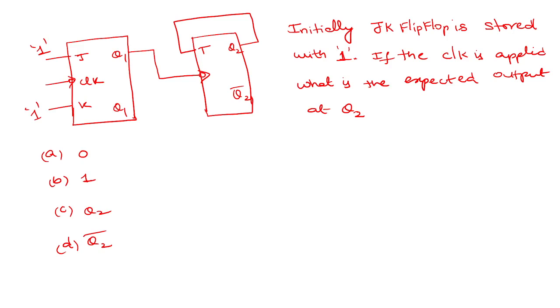Now you solve this problem. Initially, the JK flip-flop is stored with 1. If the clock is applied, what is the expected output at Q2?